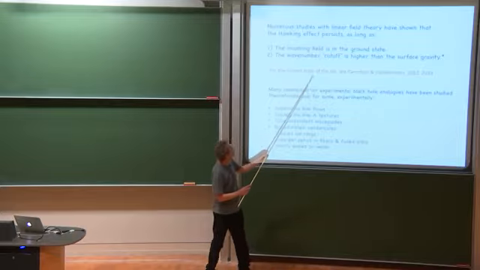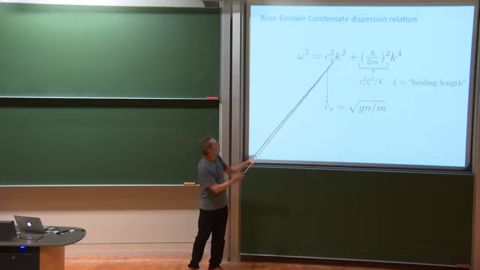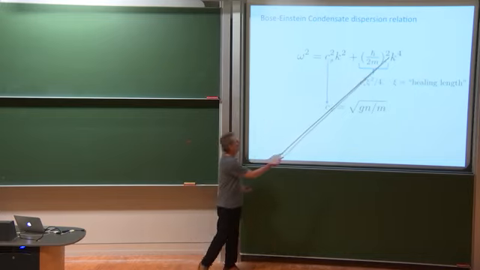So a Bose-Einstein condensate has a dispersion relation like this. At small enough wave vector, all we have is the first term. At higher wave vectors, we have this term. This is just linear with a speed of sound, cs, determined by the density of the condensate, a coupling constant that's determined by the scattering length, and the mass of the atoms. So this is a constant if the density is constant, but a Bose condensate is not an incompressible fluid.